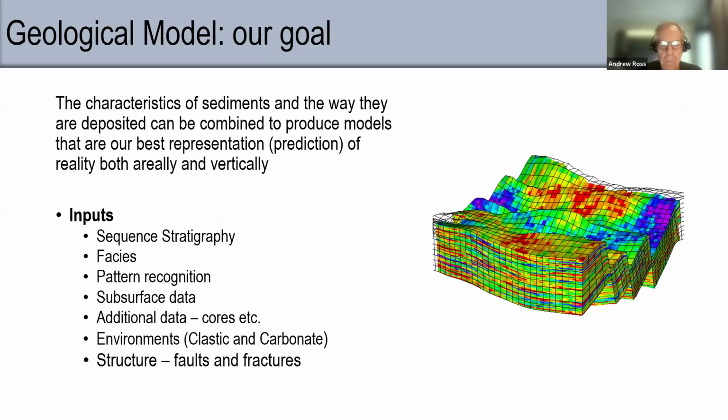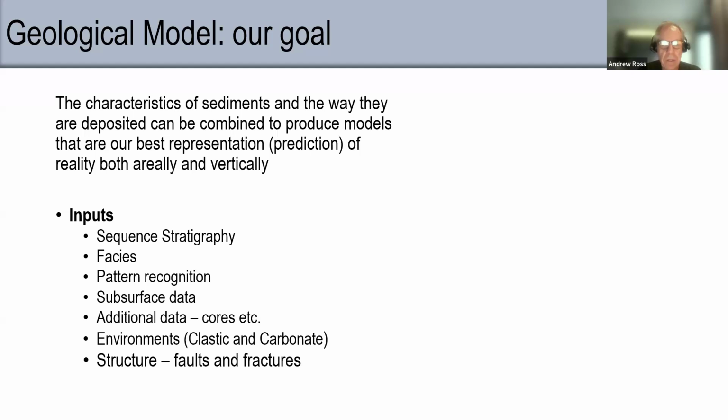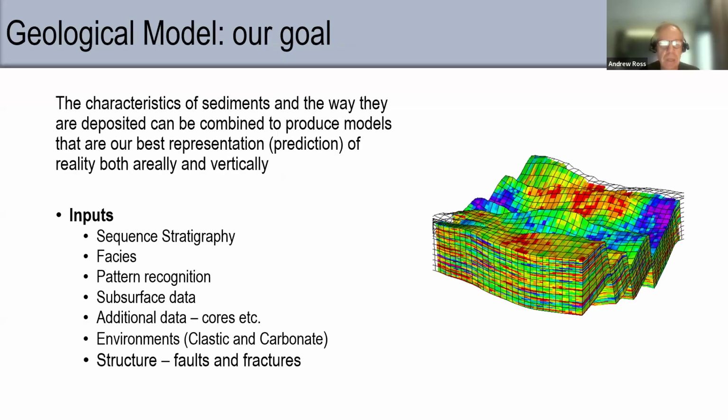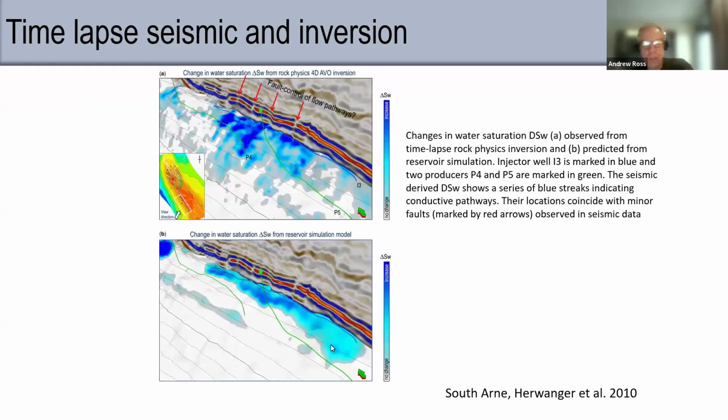Okay, so I'm nearly out of time, and we're on the second last slide, which is great. So what we're all trying to do with all of this is to produce information for the geological model, the model that will go into the reservoir simulation.